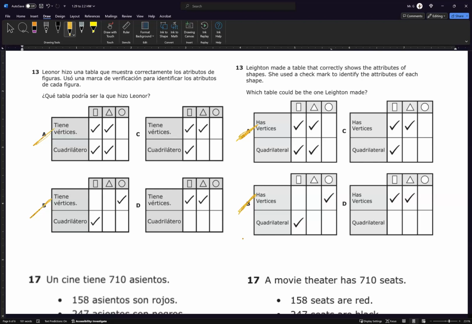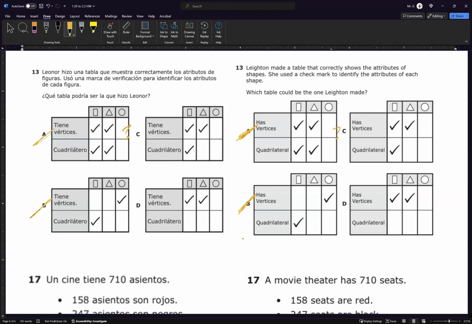C. Se dice que el rectángulo tiene vértices y es cuadrilátero. Y el triángulo tiene vértices. So este, maybe. So C would be a maybe because rectangle has vertices, so does a triangle. And a quadrilateral is the rectangle is a quadrilateral.